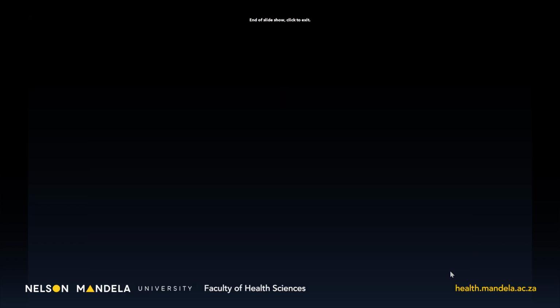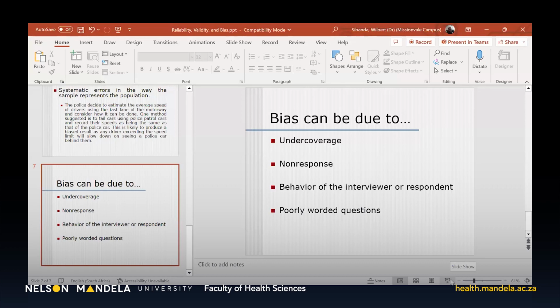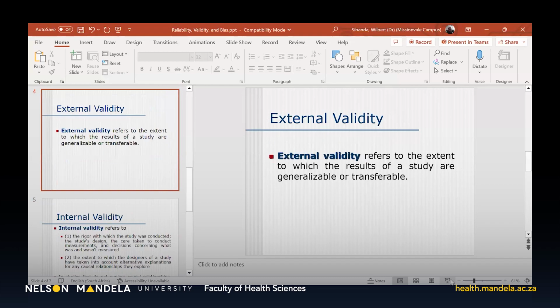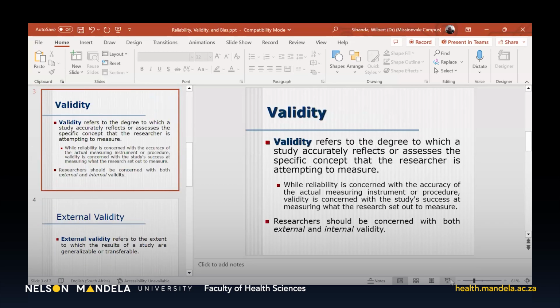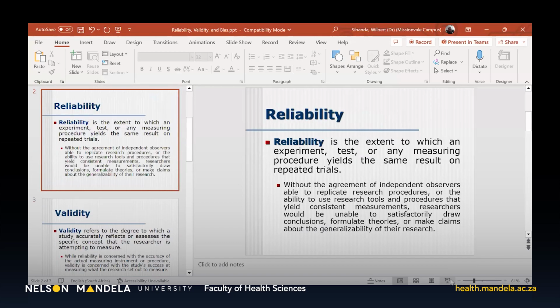Now, Doc, I didn't want to go again into how we do the calculations of this, but I want to just give them an idea of things that we deal with in terms of reliability. What is reliability? What is validity? The different types of validity and the reasons for validity.